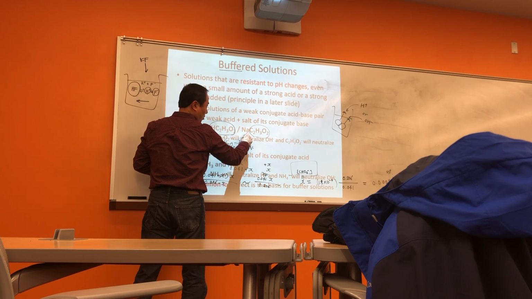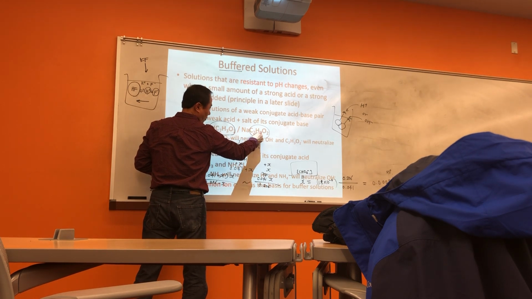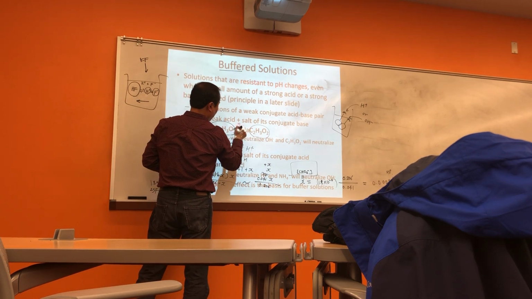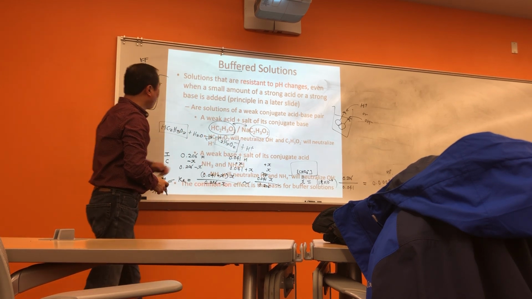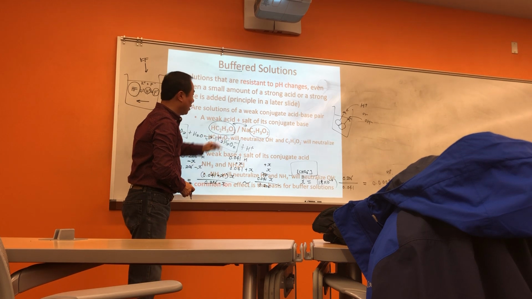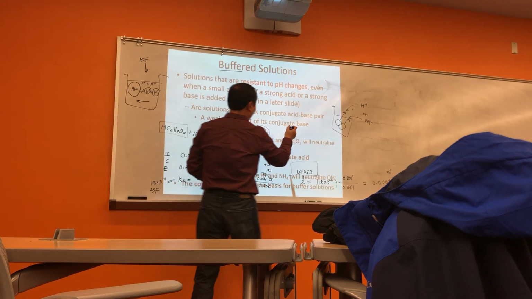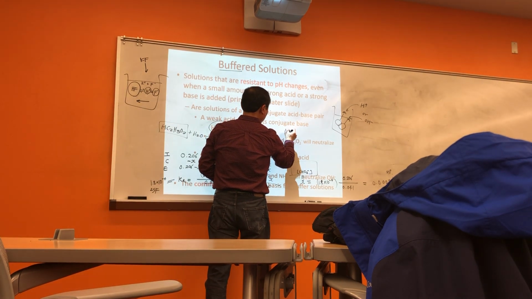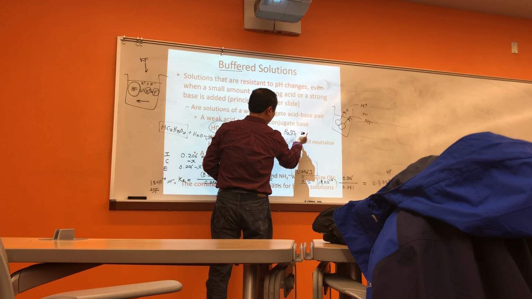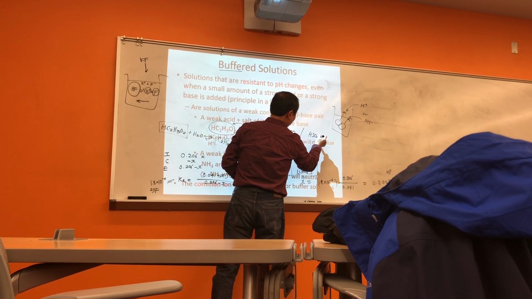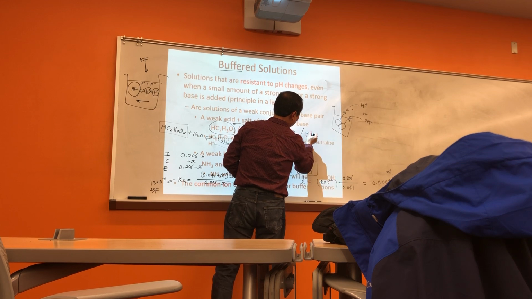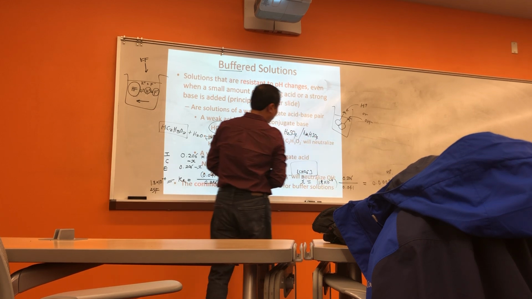You use a salt that includes the conjugate base, then this will be your buffer. But we can use only weak acid. We are not using a strong acid like H2SO4 and its conjugate, which is HSO4 Na.